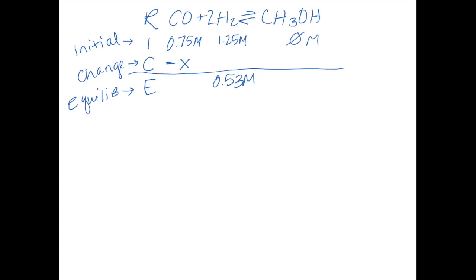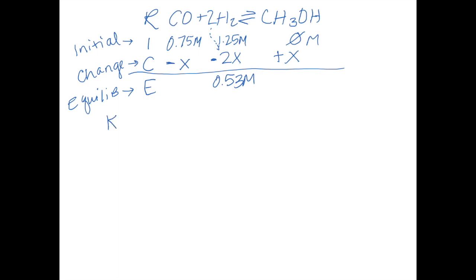So CO is going to decrease by some amount. And then this one is going to be minus, but it's 2x because for every time this reaction happens, 2 moles of H2 are being used. So I have to carry that down. And then this is going to be plus X because my products are growing in.